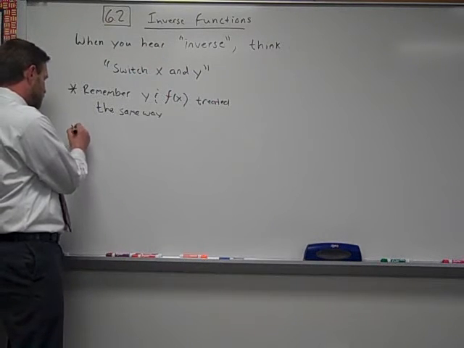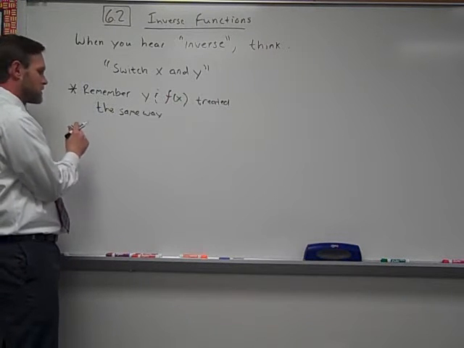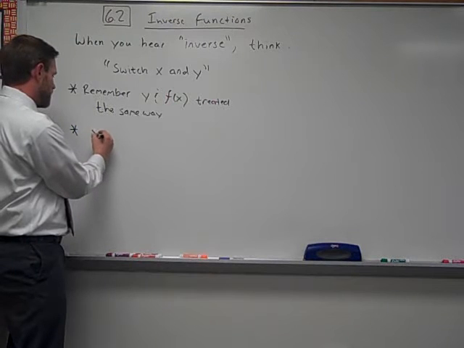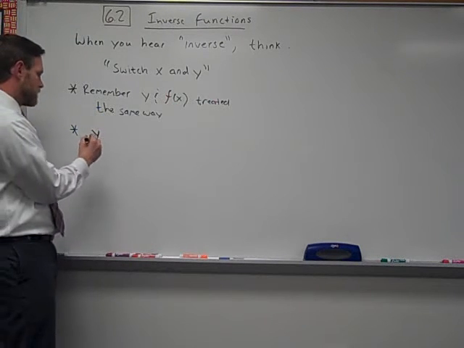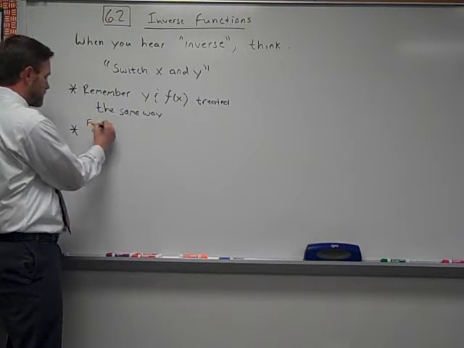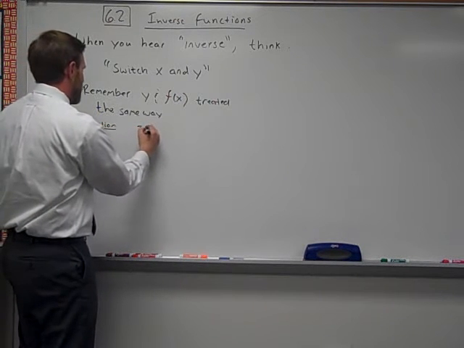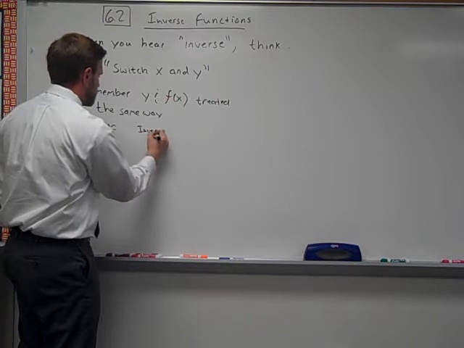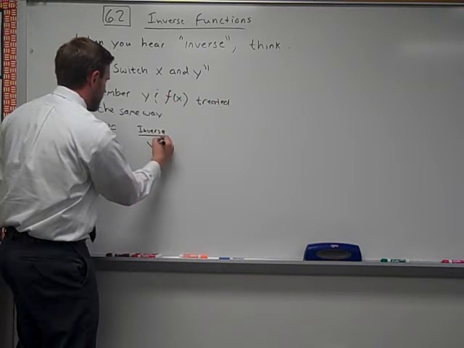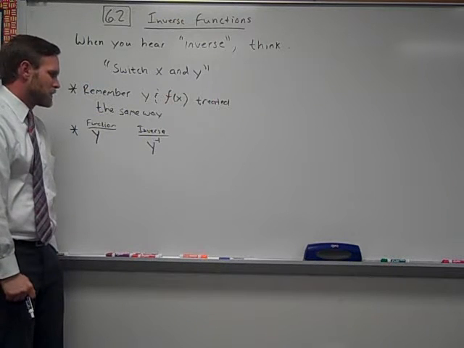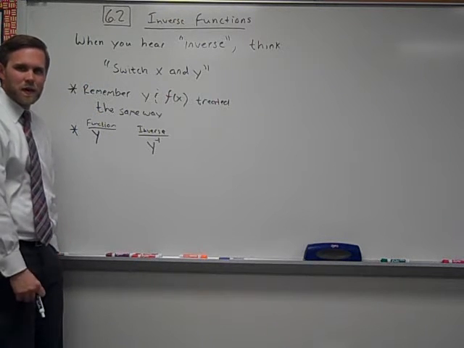Another point that I want to draw out for you is the notation that we're going to use for inverse functions. If you're given it in y notation, if that's the function, so let's give ourselves some columns here. So if this is our function in y notation, the inverse will be y to the negative 1 power. Generally speaking, exponents that are negative 1 indicate to us the inverse.